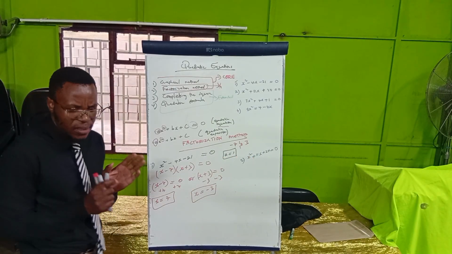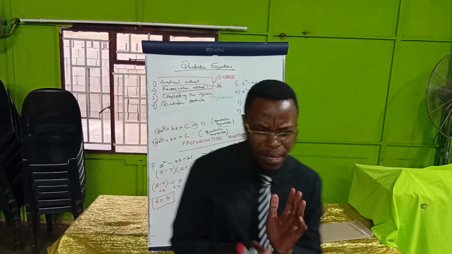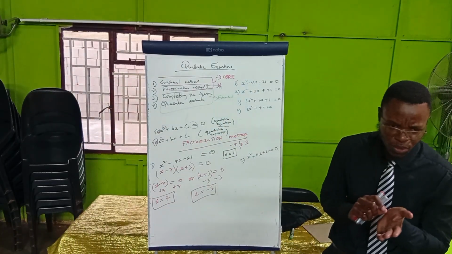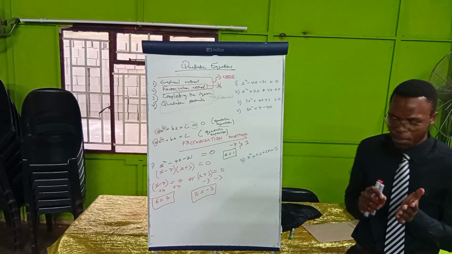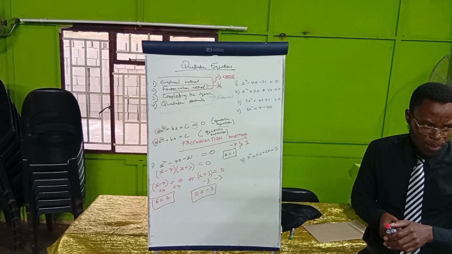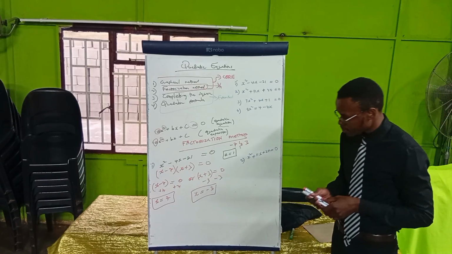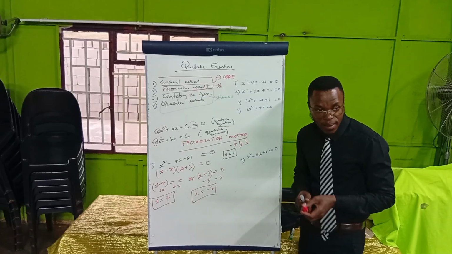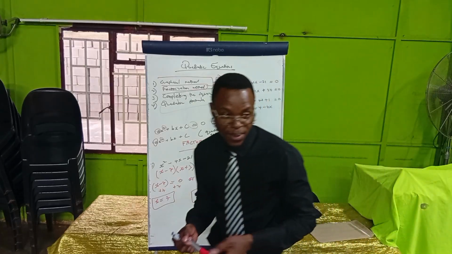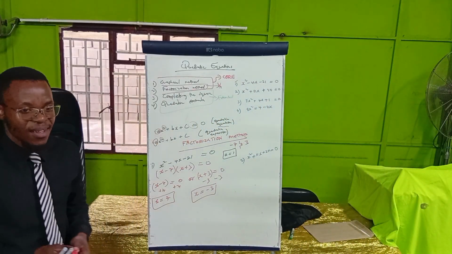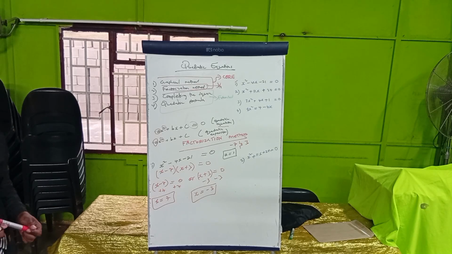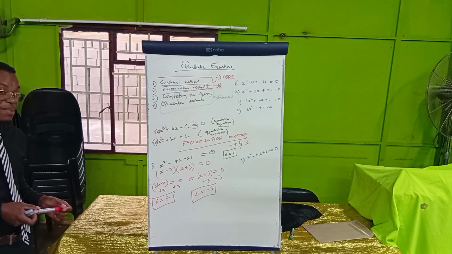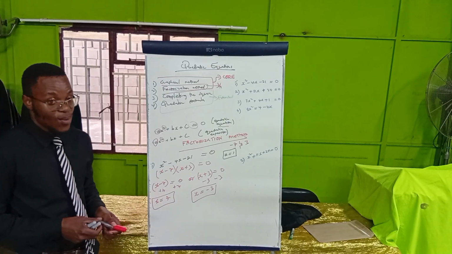So we need two factors which, when you multiply, you get positive 24, and when you add, you get positive 11. What are those? I already have them in mind, but I want to hear them from you.